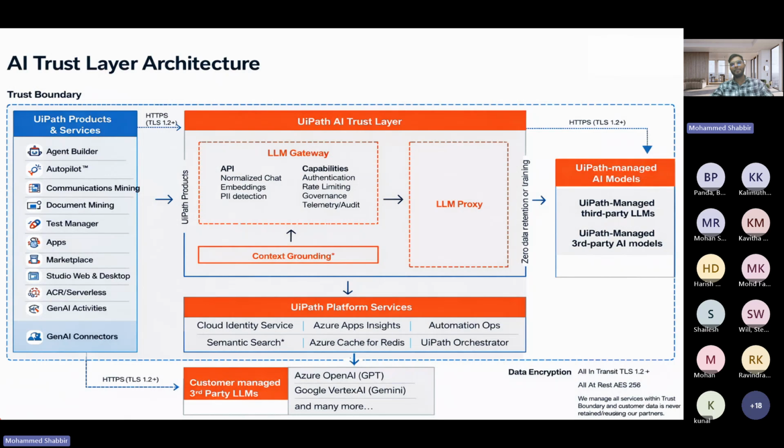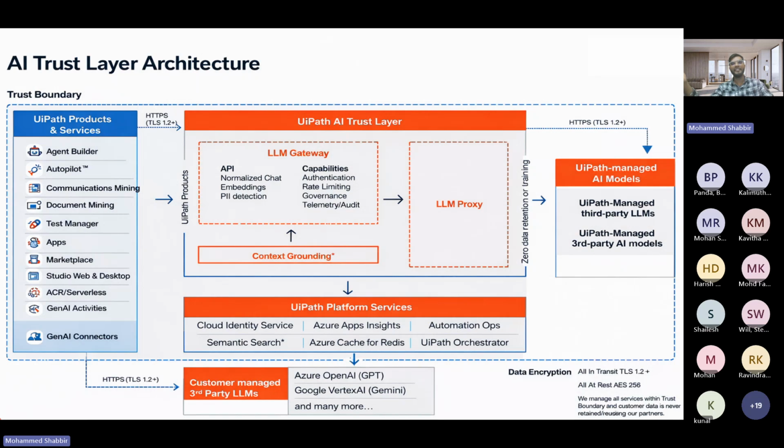Now we will see what is actually happening in the trust layer. You can think of this as an LLM gateway, something like a control tower. You ask someone for something, and someone sitting in the control layer decides how to direct the traffic and how it has to be masked before being given.